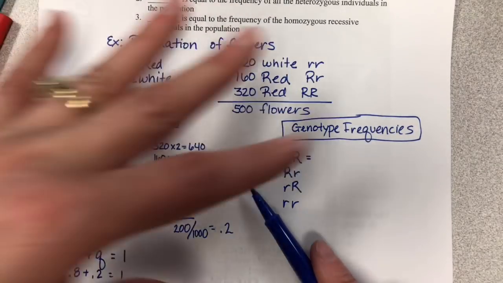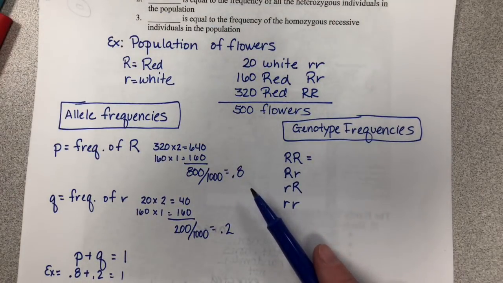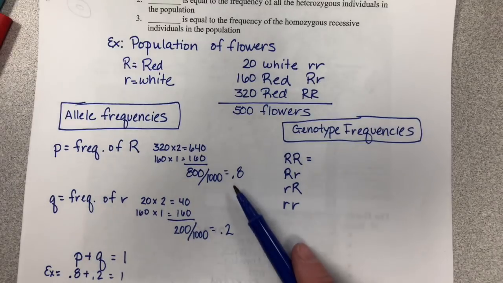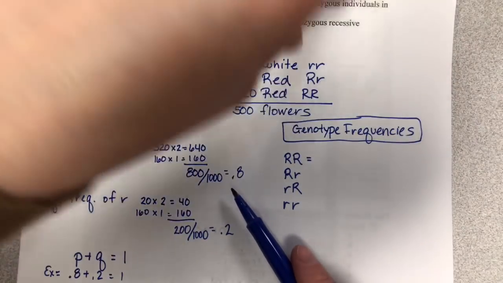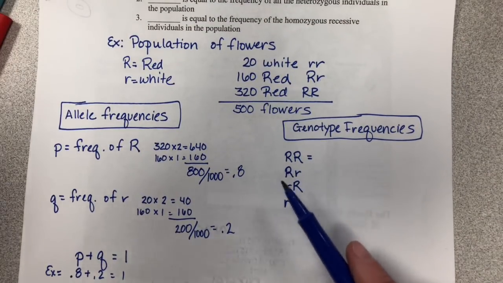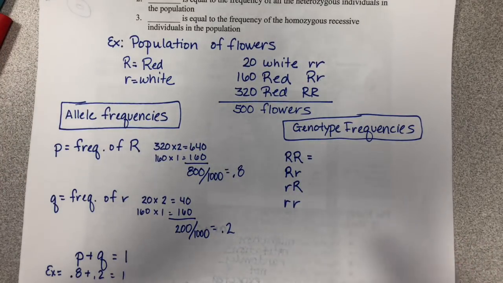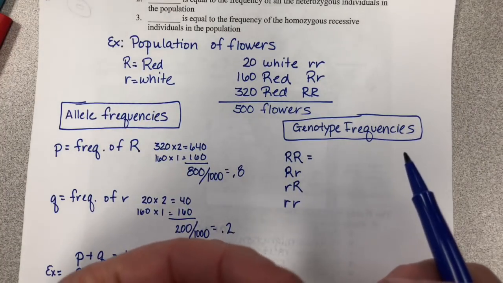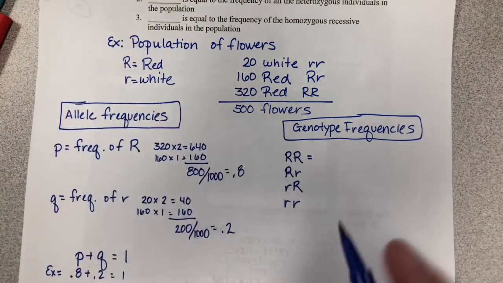So if you imagine we put all the genes in a bucket and picked out a gene, you would have a 0.8 or 80% chance of picking out a big R gene. Then you put that back in and pick out again. To get a second big R, you'd also have a 0.8 or 80% chance. So what's the chance of both of those occurring together? You take the individual frequencies and multiply them together.